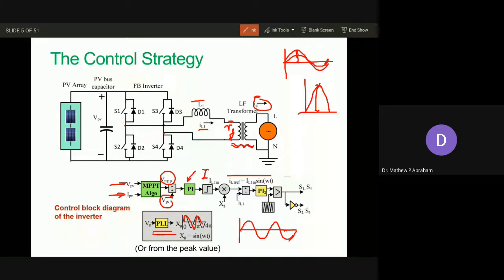So our reference current is compared with the actual current here. It is passed through another PI controller, which decides the reference voltages VA, VB, VC. They are compared with a carrier wave like this. It will produce our switching signals. These switching signals will be given to our 4 switches. That is how it operates.